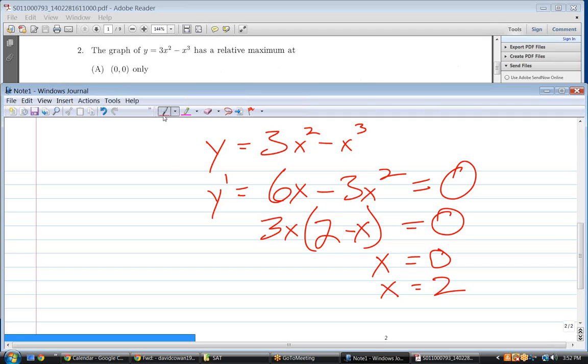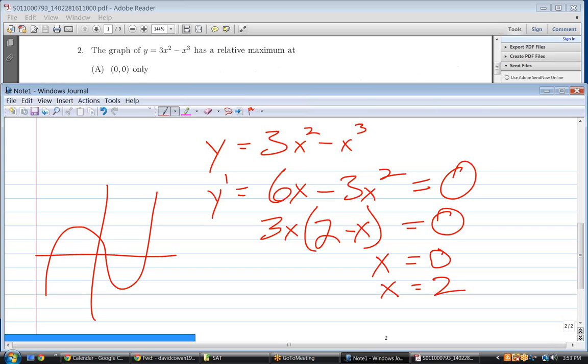A cubic function usually has two humps like that, which means one of these zeros is not a maximum, it is a minimum. So how do we tell?